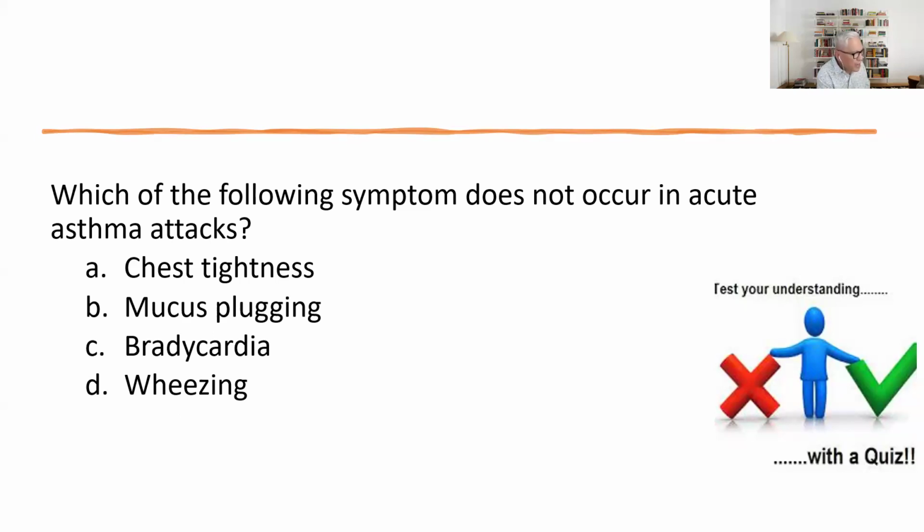Okay, so whenever you're reading the questions on your test, make sure that you underline or underscore those things that are critical as far as the stem is concerned. And the word "not" is going to be very important. So, which of the following symptoms does not occur in acute asthmatic attacks?